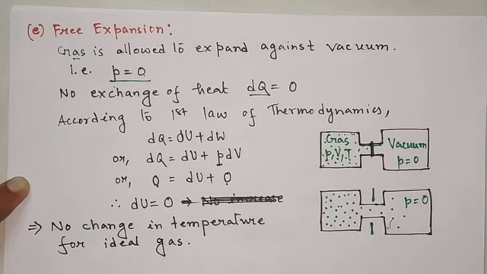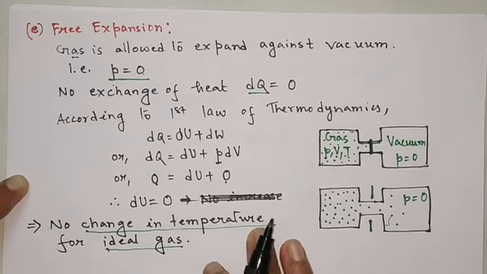So no change in internal energy means for an ideal gas there will be no change in temperature, because we know the internal energy of an ideal gas only depends on the temperature of the gas. That's why, as there is no change in internal energy, there will be no change in temperature for an ideal gas.